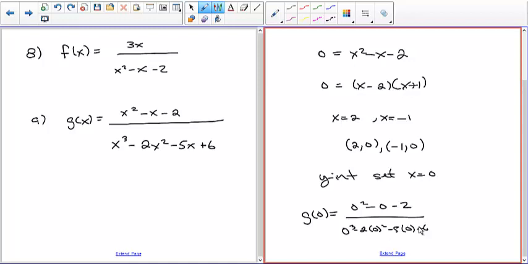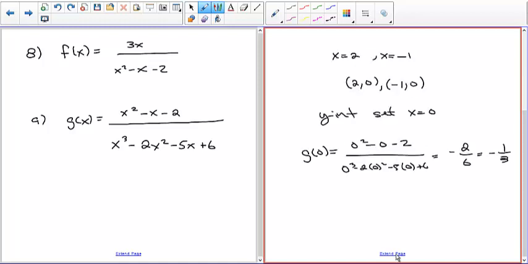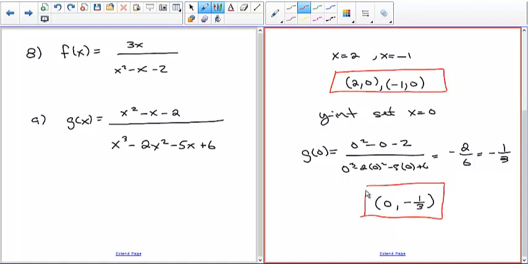We can see the only terms that are non-zero are the last terms, and you could simplify that down to 1/3. So we got x equals 0, y equals -1/3. So those are my x-intercepts. This is my y-intercept. Okay.